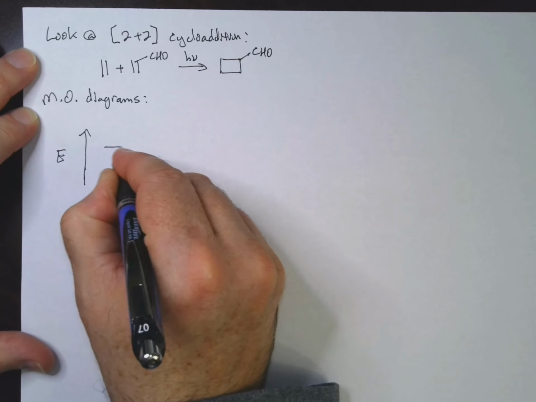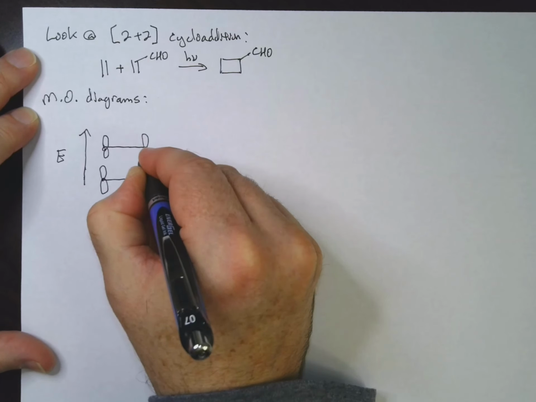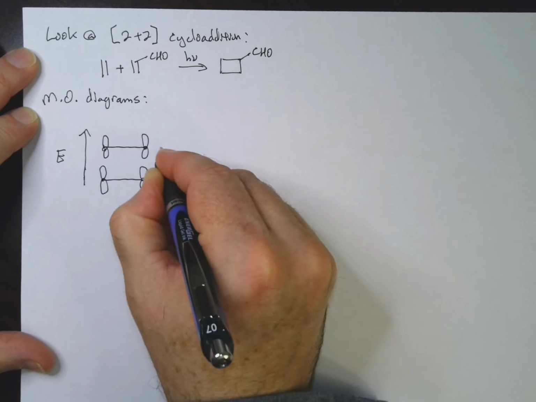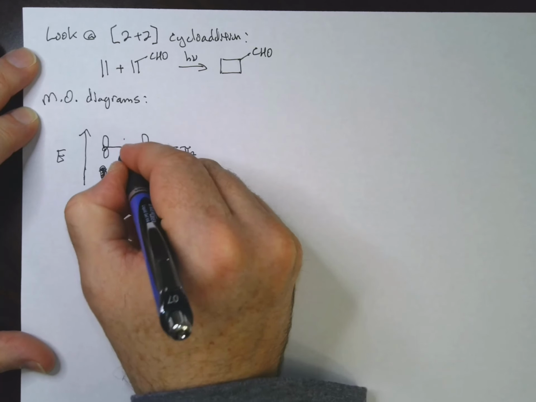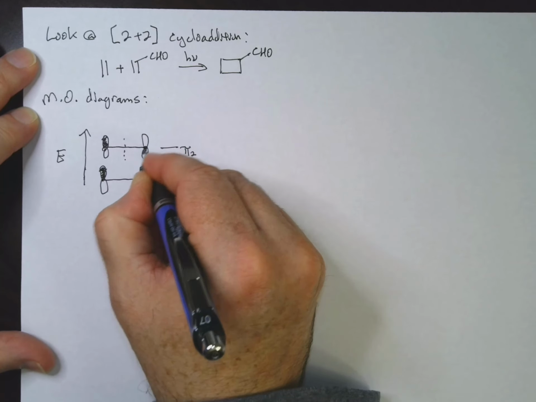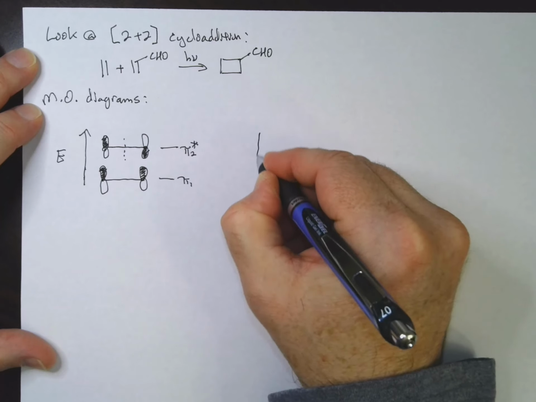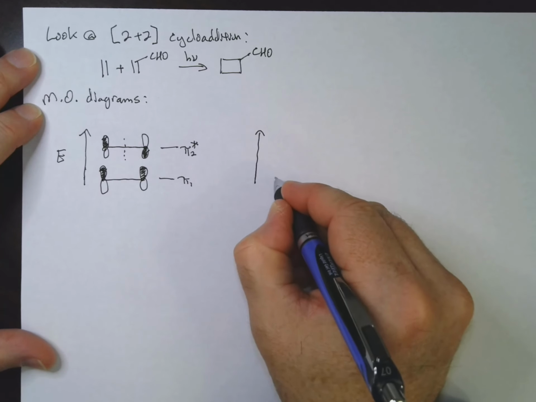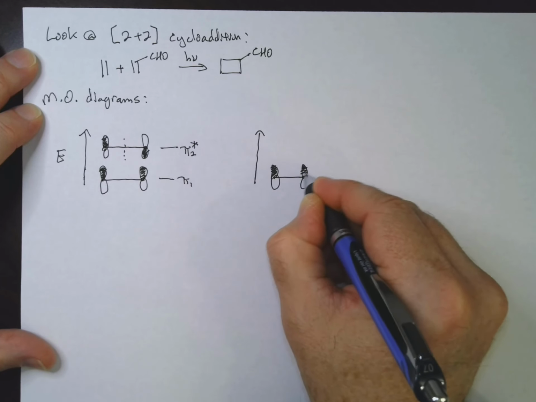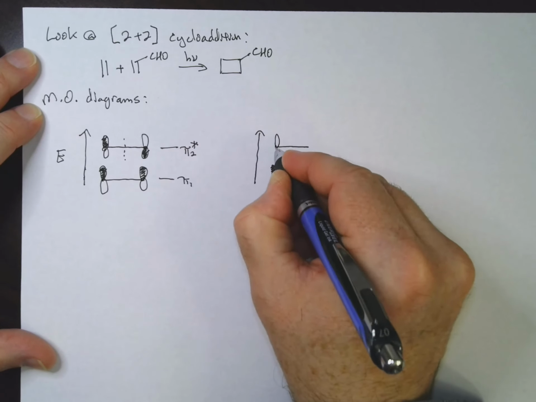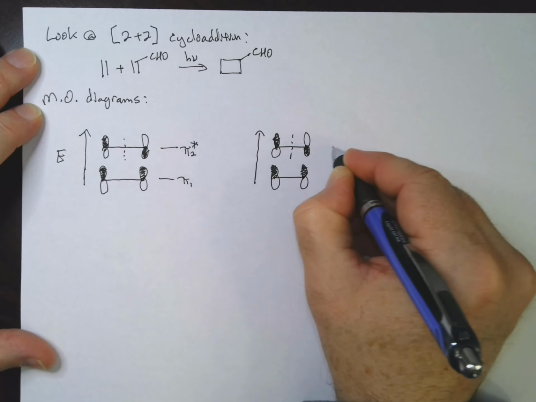Alright, so we'll have one alkene, and we'll have our pi and our pi 2 star like we did before, and then we will have another alkene here, with our pi 1 and our pi 2 star.